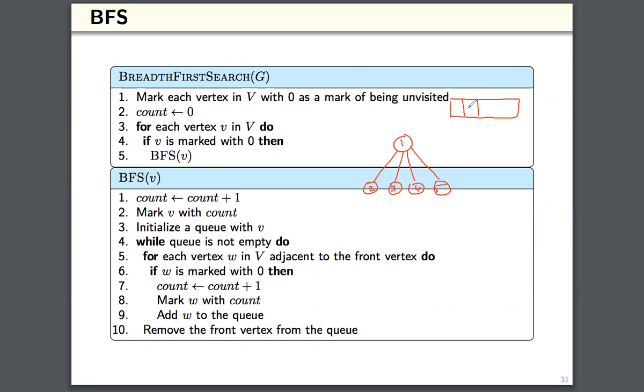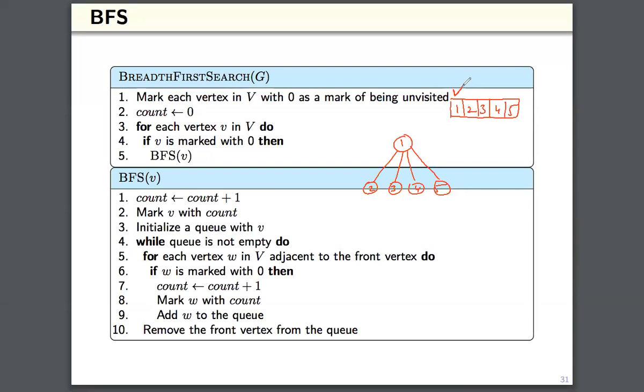You add all these child nodes 2, 3, 4, 5 to the queue, right? You visit this and then add all the child nodes to the queue and keep doing this until the queue is empty, right? Now we have, see the queue is of size 4, 2, 3, 4, 5.